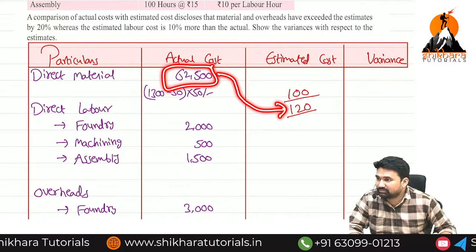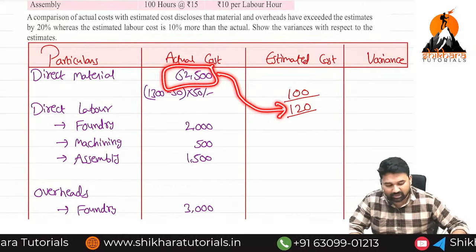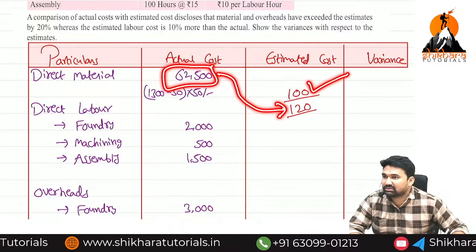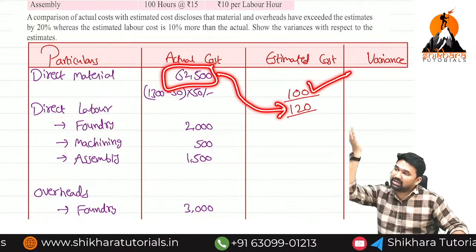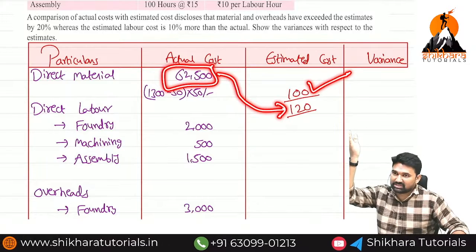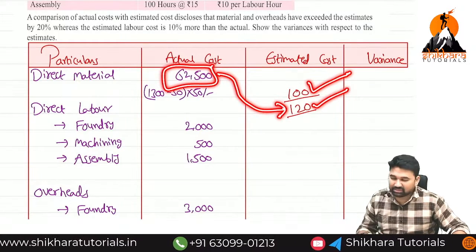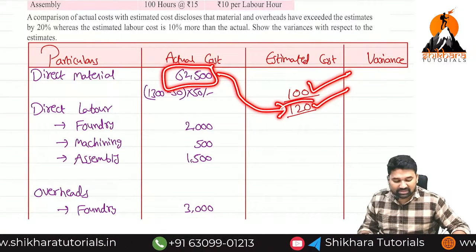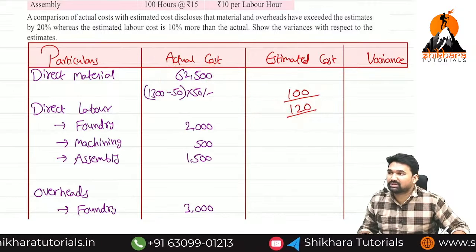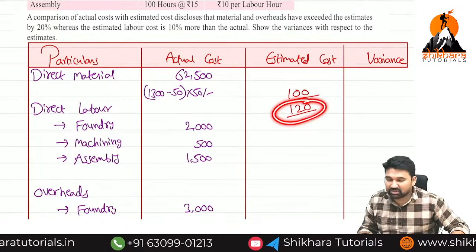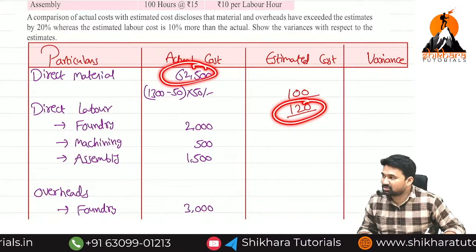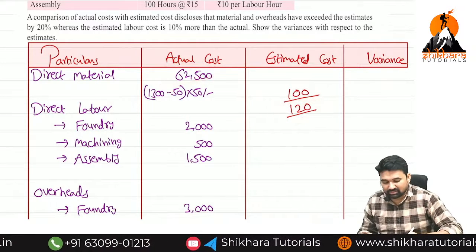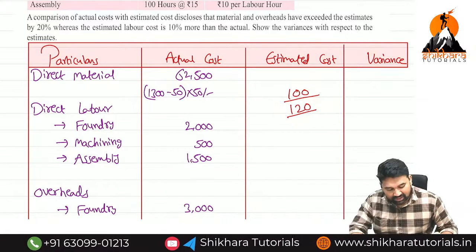Why? Because 100 is my budget, but my budget exceeded by 20%. That means the actual cost is 120. As a percentage it is 120, but in rupees it is 62,500.